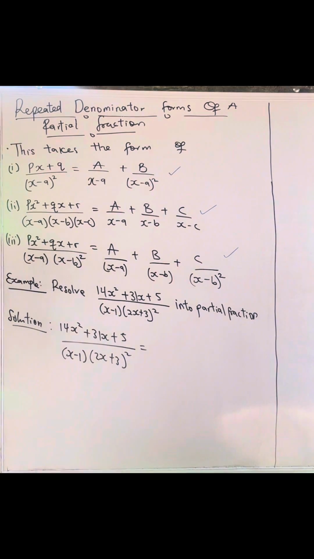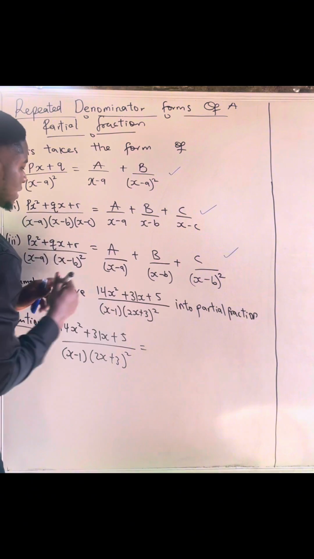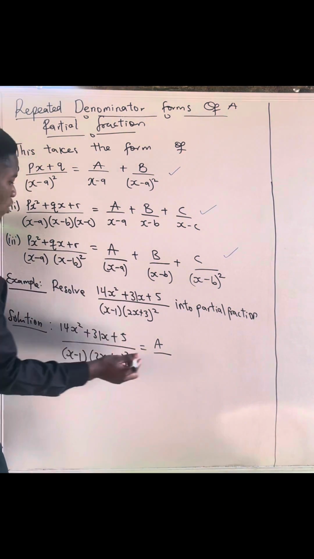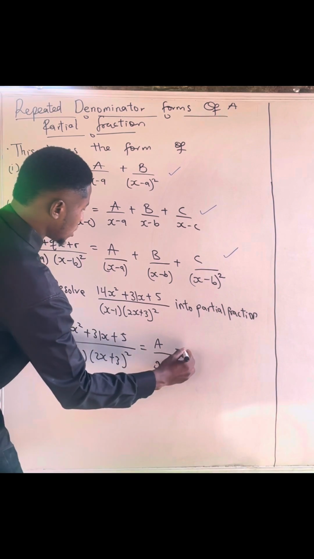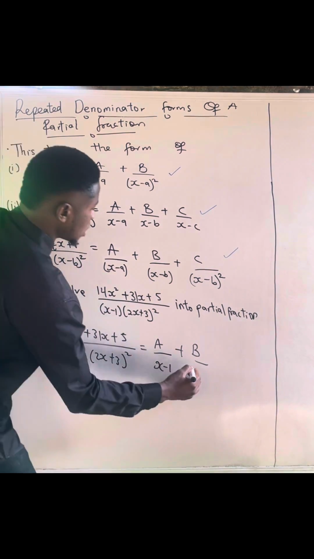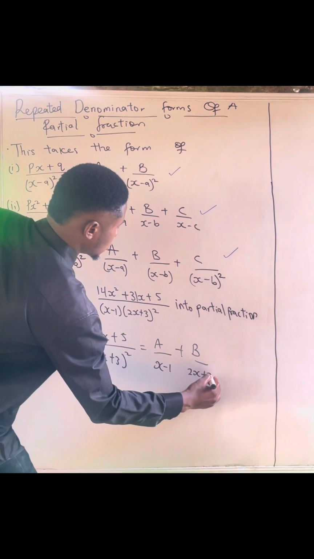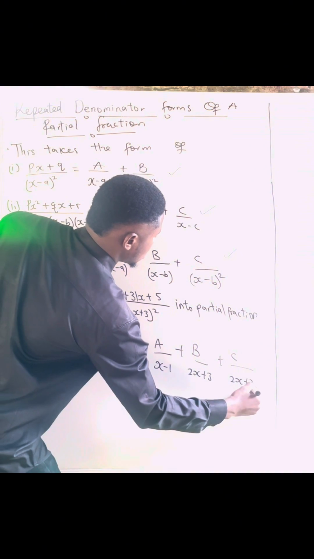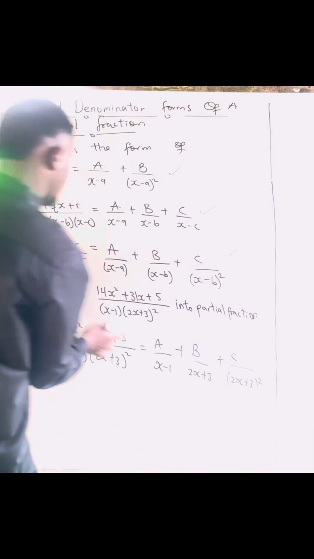Since it's taking this form, we equate it to A over x minus 1, plus B over 2x plus 3, plus C over 2x plus 3 all squared. That's the first thing we are going to do.